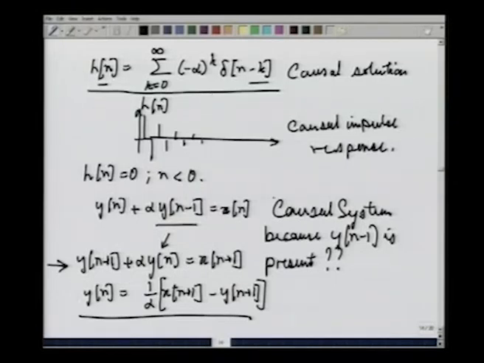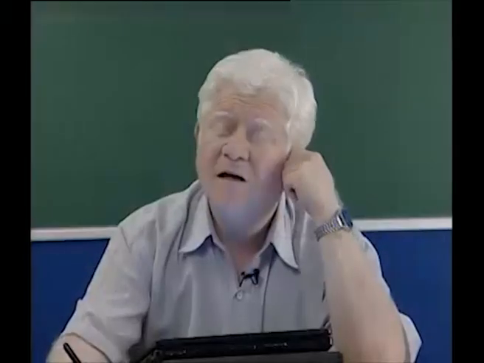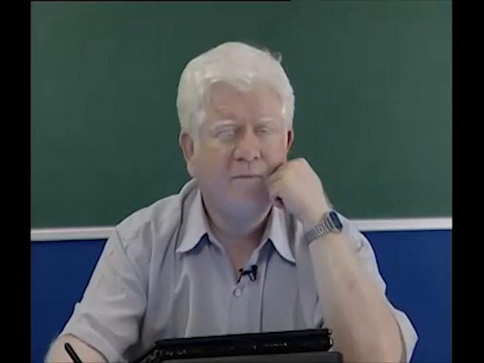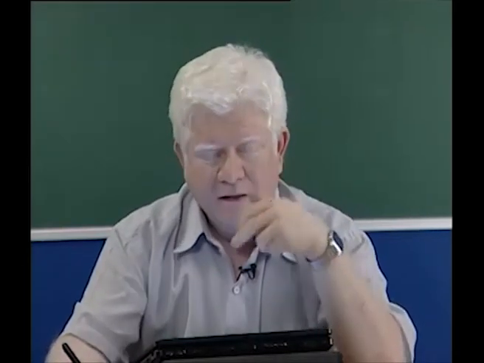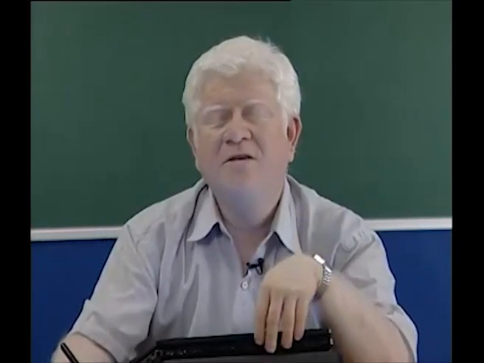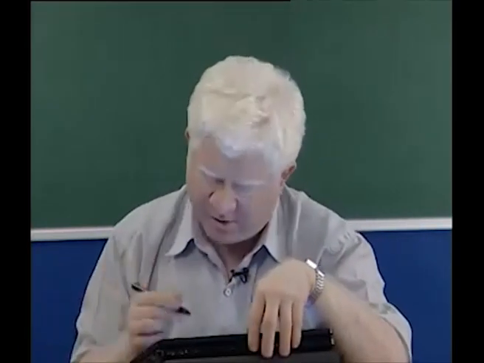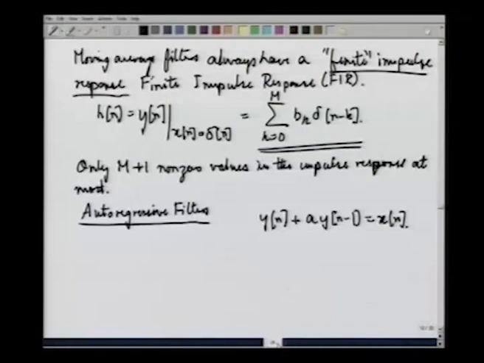Fine. Now, this is not convenient. If it has an infinite number of terms, that means it requires an infinite number of delay blocks, D blocks. In that very clumsy sense of the term, any autoregressive filter would be an infinite order filter, but that is not how we are going to look at an autoregressive filter.